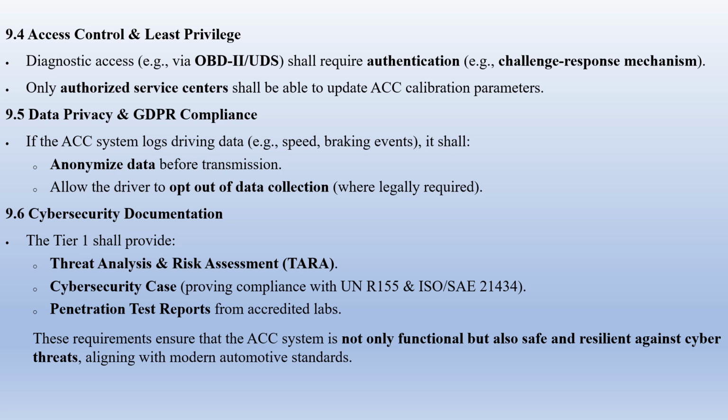Understand this: penetration test reports must come from accredited labs. There are accredited labs which ensure that penetration tests are performed as per the standards. And these requirements ensure that the adaptive cruise control system is not only functional but also safe and resilient against cyber threats, aligning with modern automotive standards.